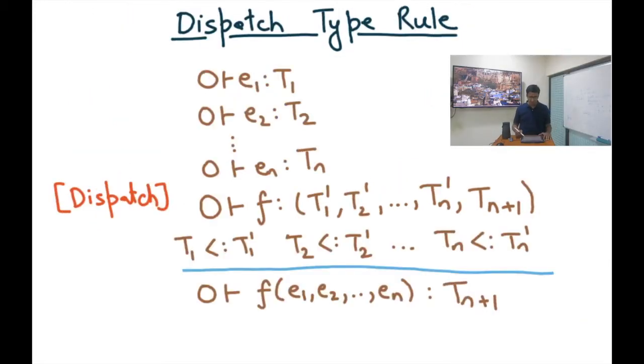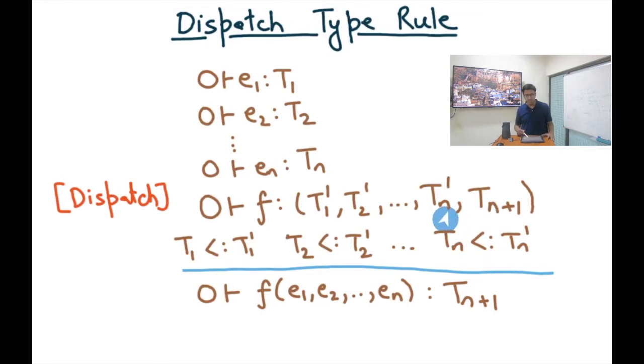Alright, so now that we have a type for f, let's revisit our function call dispatch typing rule. So under a type environment O, E1 has type T1, E2 has type T2, En has type Tn for some types T1 to Tn. F has types T1 prime, T2 prime, Tn prime. Notice that T1 prime is different from T1 and so on. And Tn plus 1.